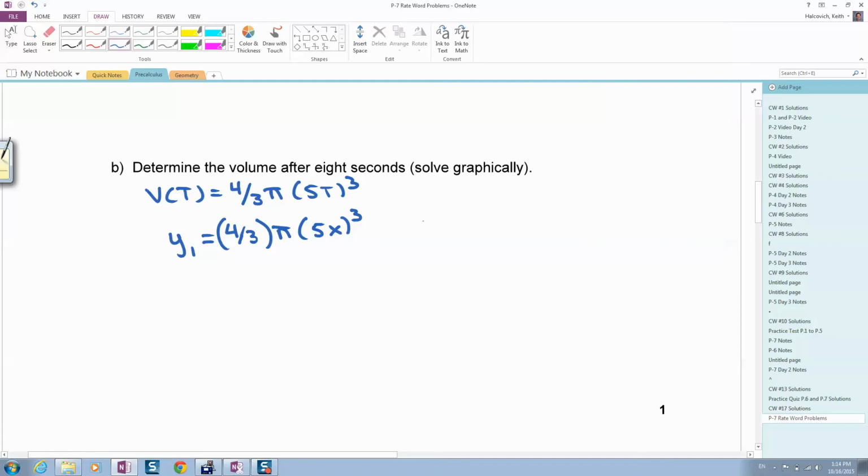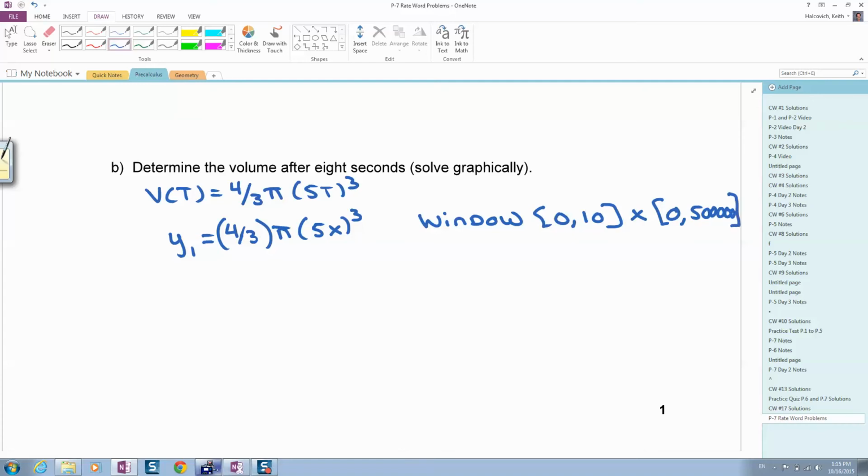So our window is, domain is 0 to 10. The range is from 0 to about 500,000. And you just keep playing with it.